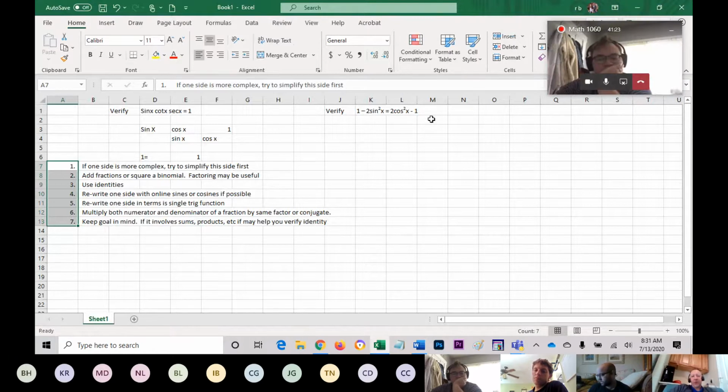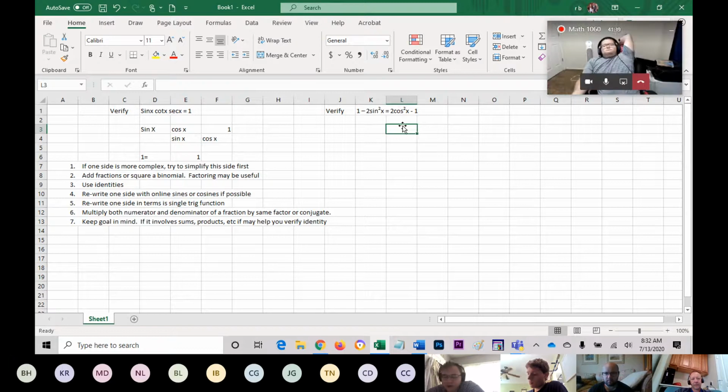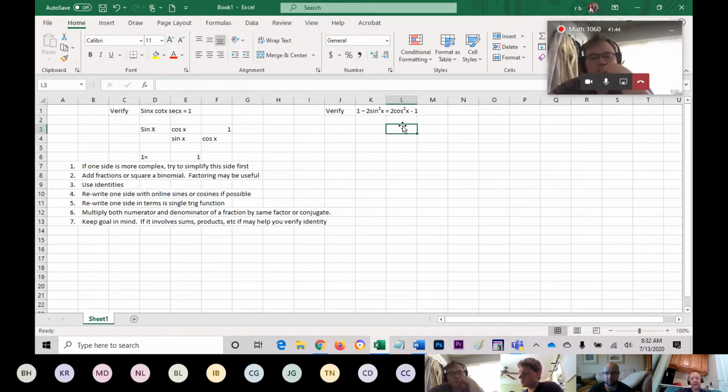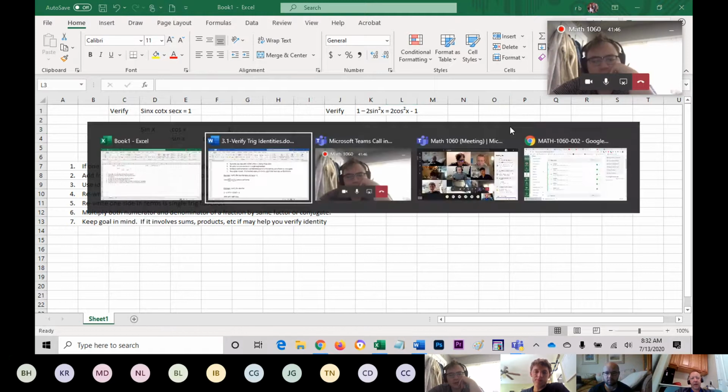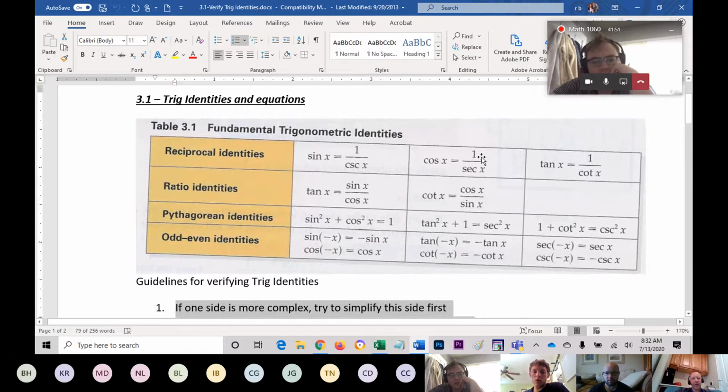All right. So let's start with, okay, so it says start with one side that's more complex. I'm going to start with the right side this time. Okay. Now, how can I rewrite the cosine squared of x? Anybody remember any identities? 1 minus sine squared of x.